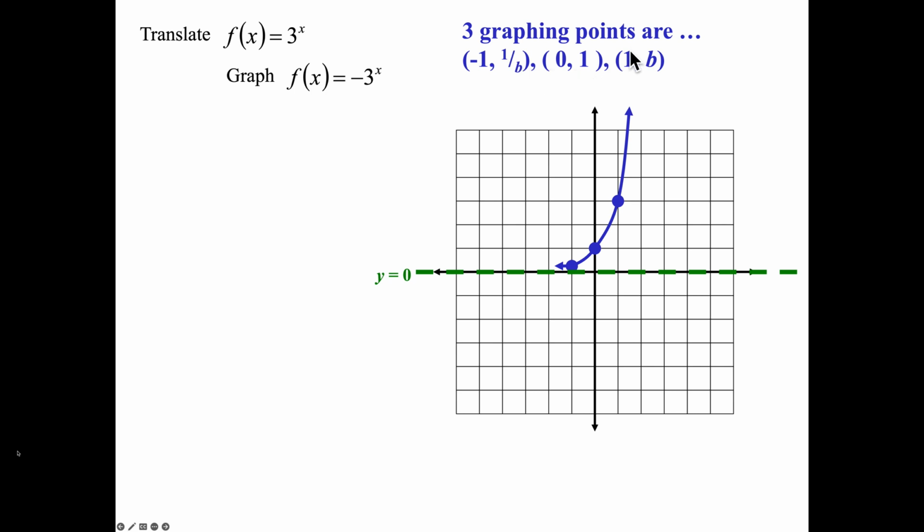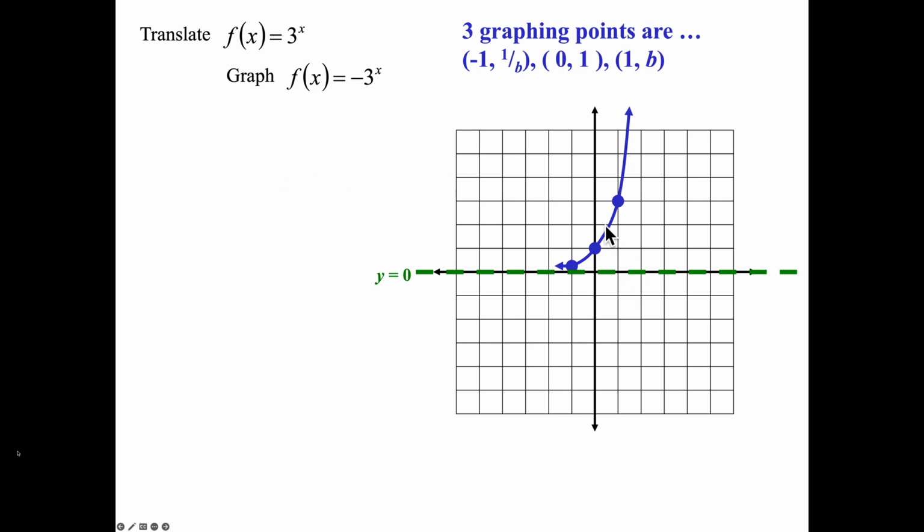And when you have a +1, you'll have 1 comma the base. Now, if your base happens to be small like 2, you might be able to put in 2 comma the base squared, because then you can do 2 squared, which is 4, which is going to fit. 3 squared here might not fit on our graph, but these are 3 good points to start with. And like I said, you can always plug in a 4th point, 2 comma the base squared.